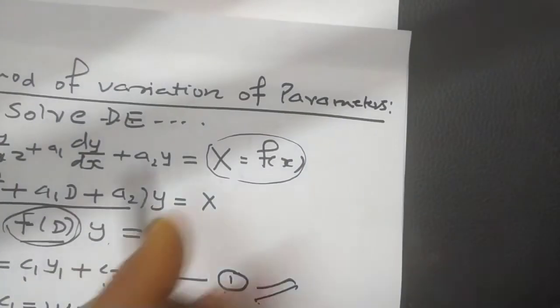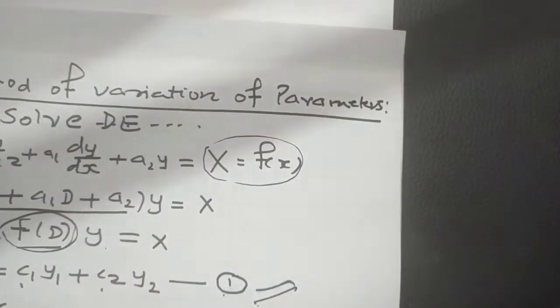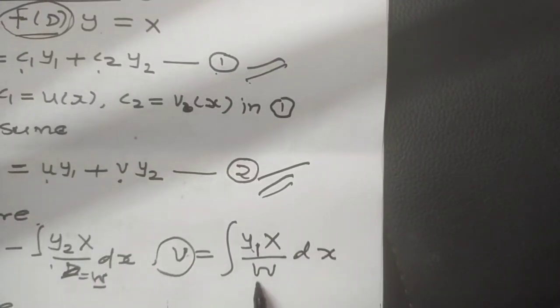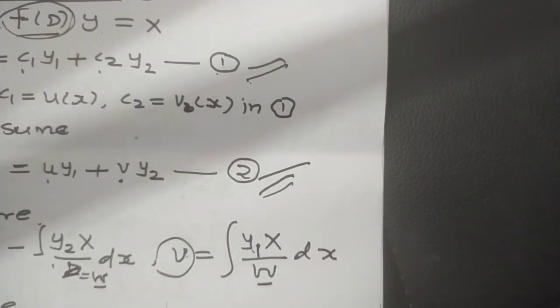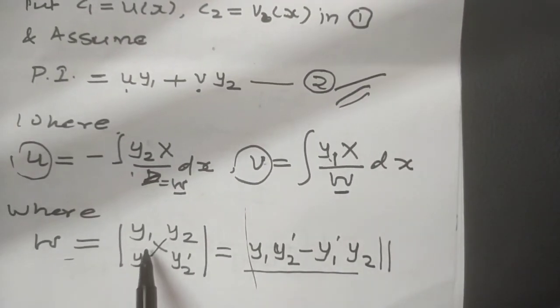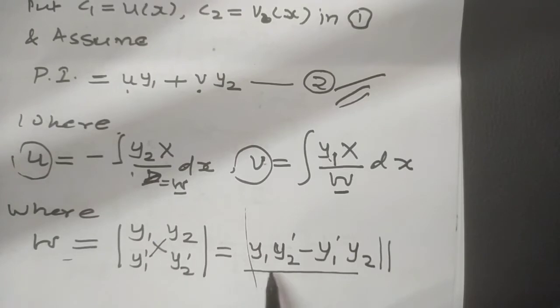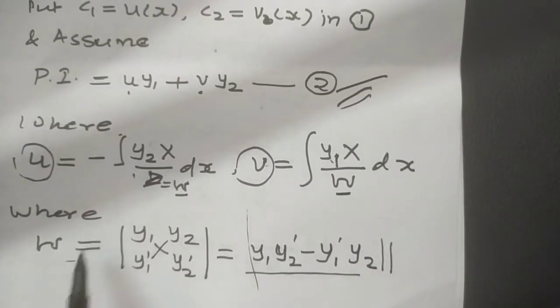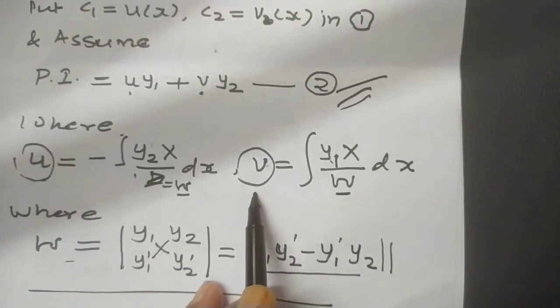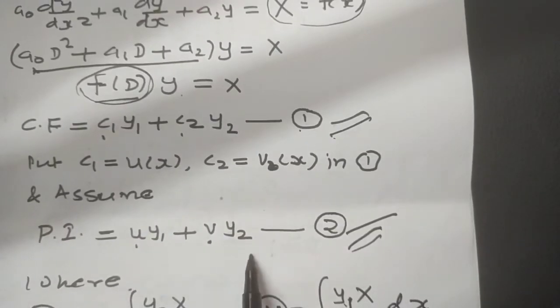W is calculated as the value of the determinant y1 y2 dash minus y1 dash y2. After getting this value we find u and v, and substituting these values, you get the required particular integral.